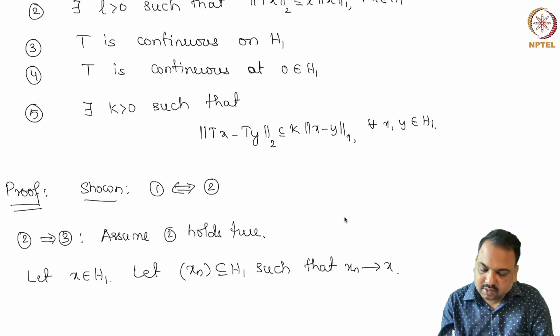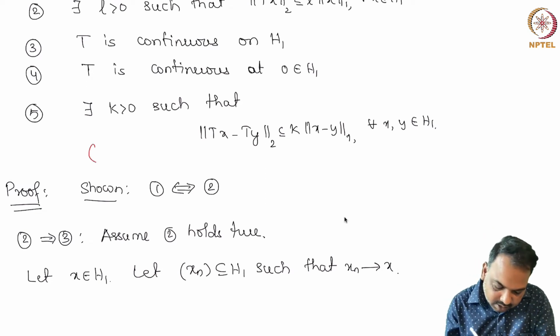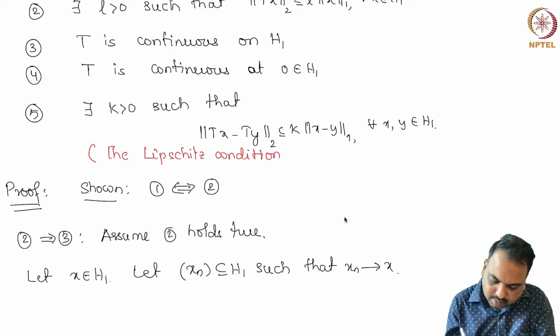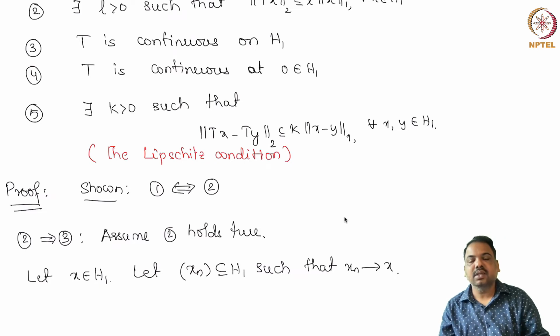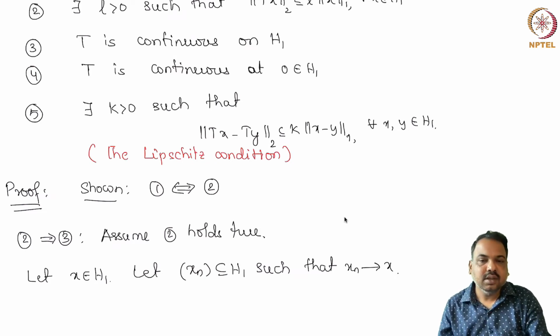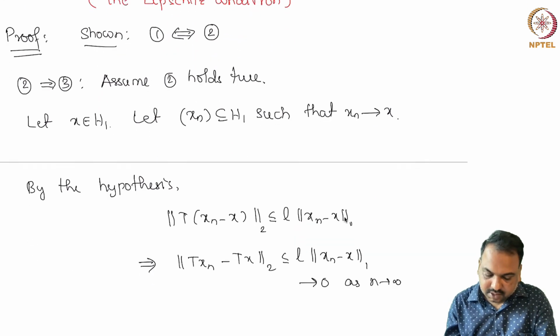So this condition is known as the Lipschitz condition. If there exists a K satisfying this property, we say that K is the Lipschitz constant, and this condition is known as the Lipschitz condition.